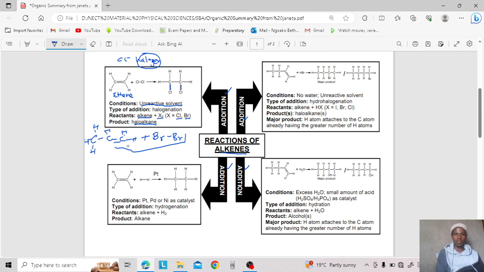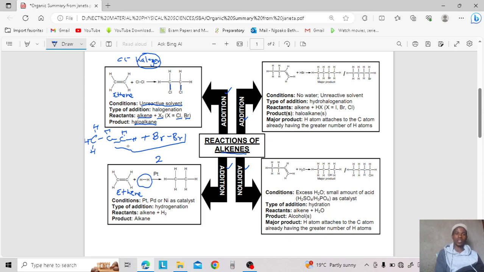Let's get to this one again. Let's call this number 2. On this number 2, we still have an alkene, which is an ethene here. And then now we add 2 hydrogens, which is H2, and then they produce an alkane here.